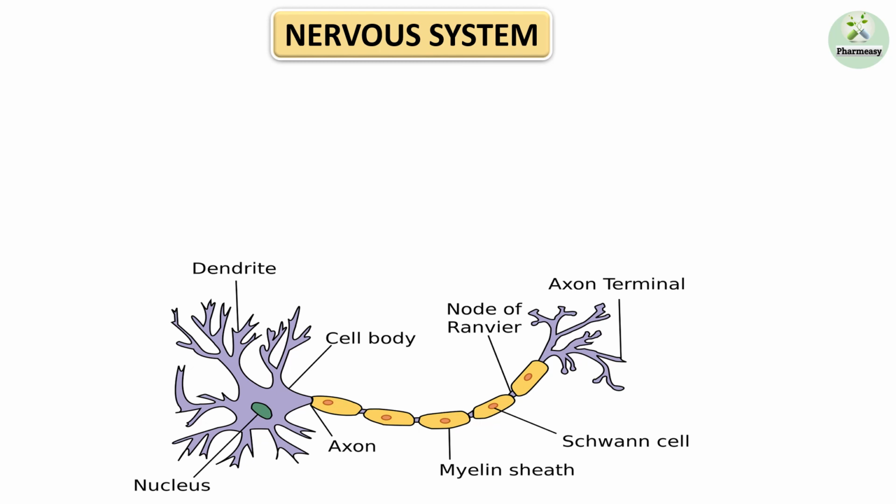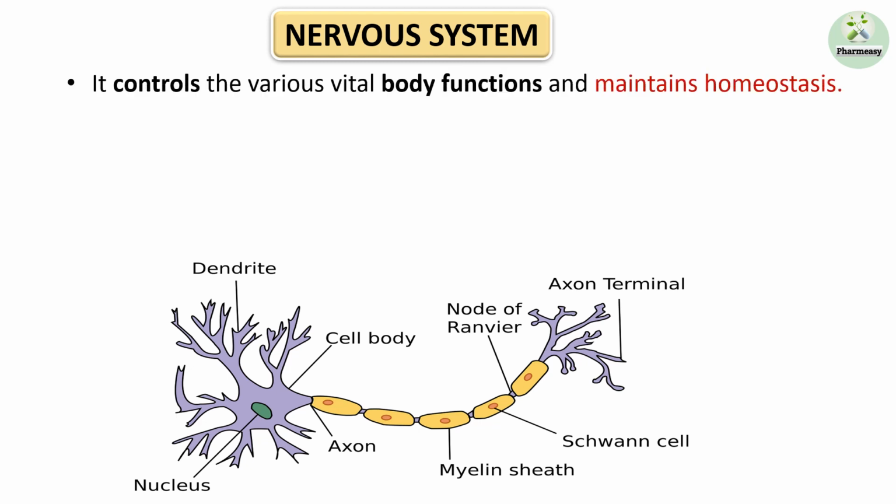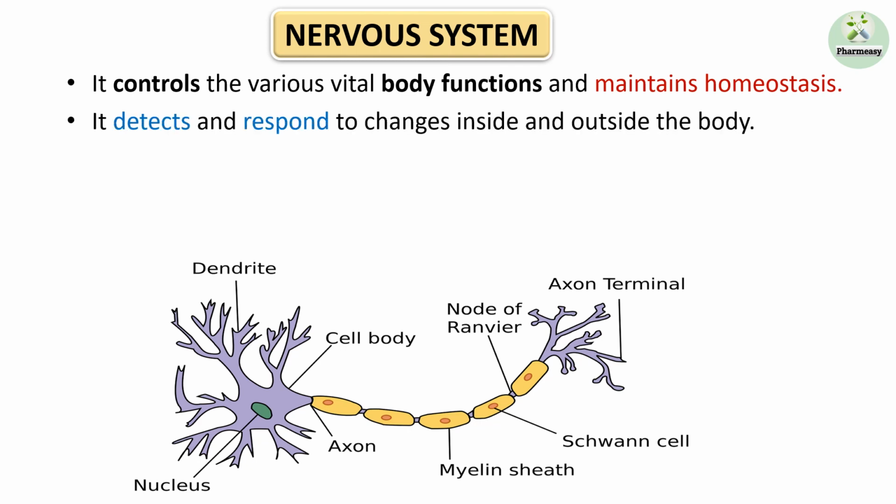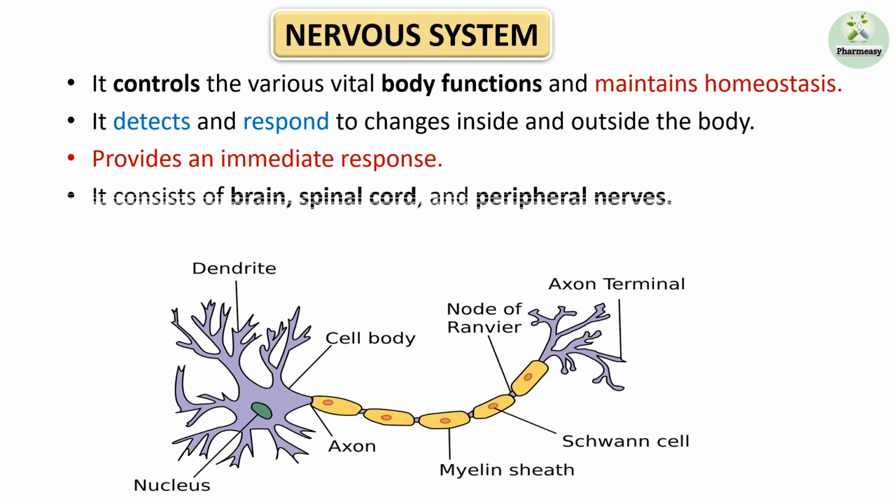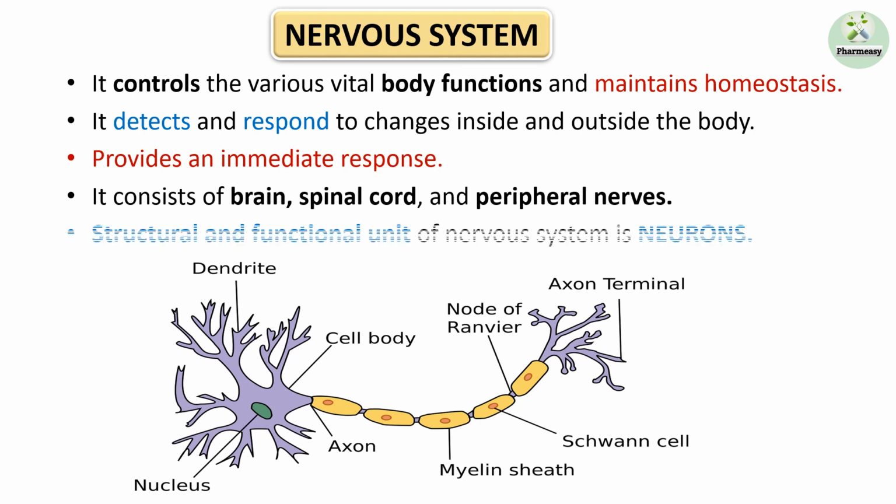Nervous system. It controls the various vital body functions and maintains homeostasis. Also, it detects and responds to changes inside and outside the body. Nervous system provides an immediate response to any external stimuli. It comprises brain, spinal cord, and peripheral nerves.